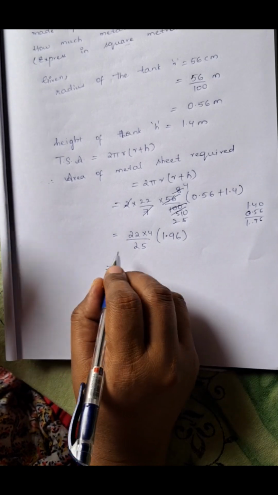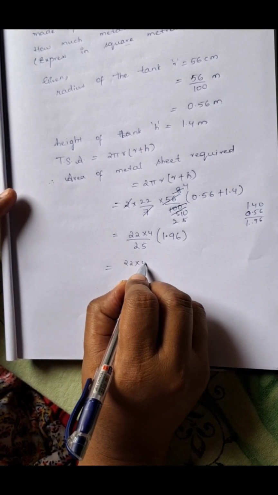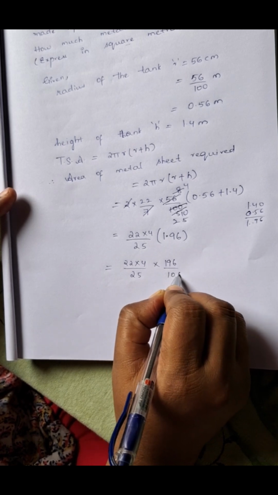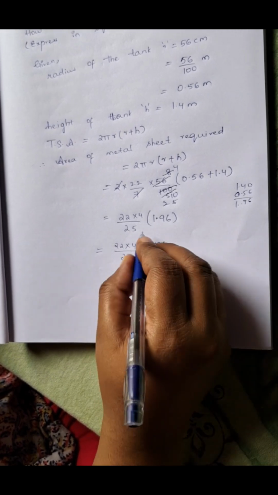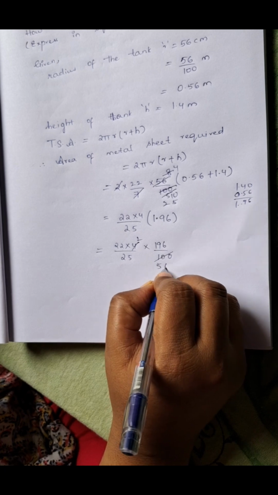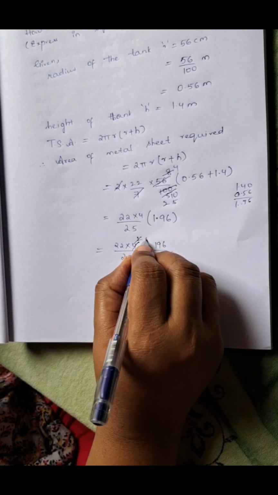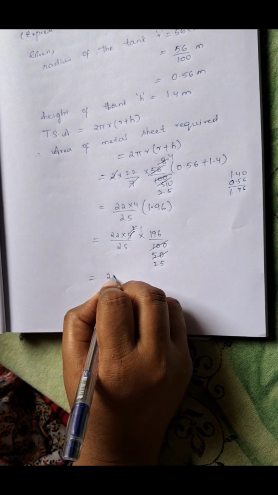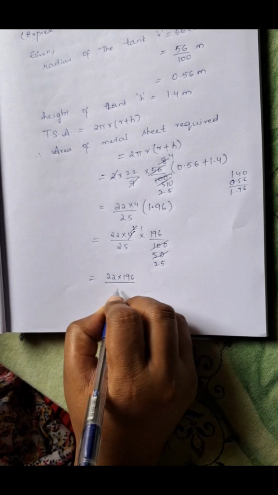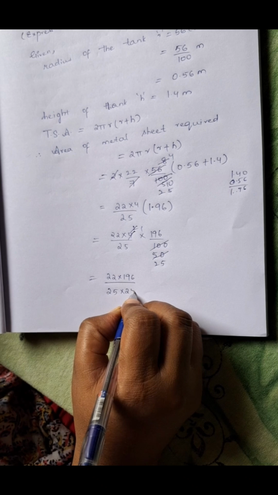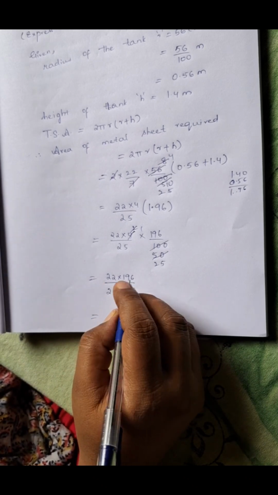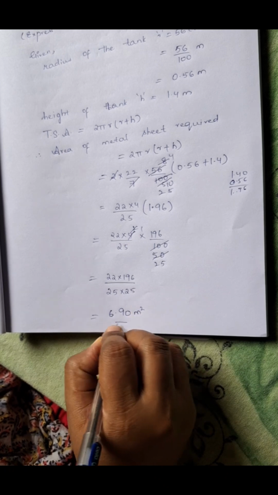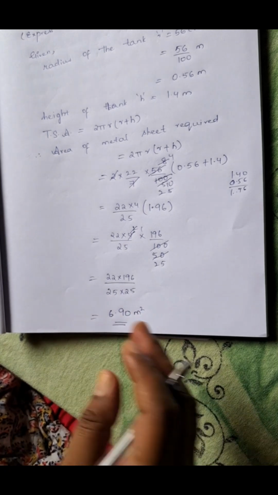So this equals 22 into 4 by 25 into 196 by 100. Here 2 2s are 4, 2 5s are 10, 0. Next, 2 1s are 2, 2 2s are 4, 2 5s are 10. So this is nothing but 22 into 196 by 25 into 25. When you calculate all this, you will get 6.90 meters square. So this is your answer.